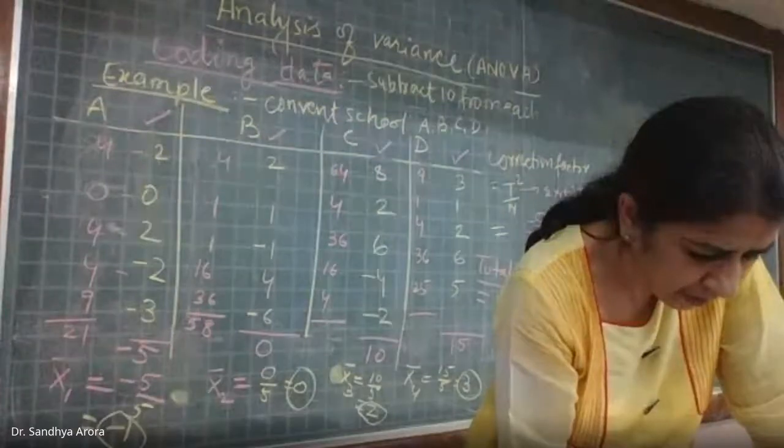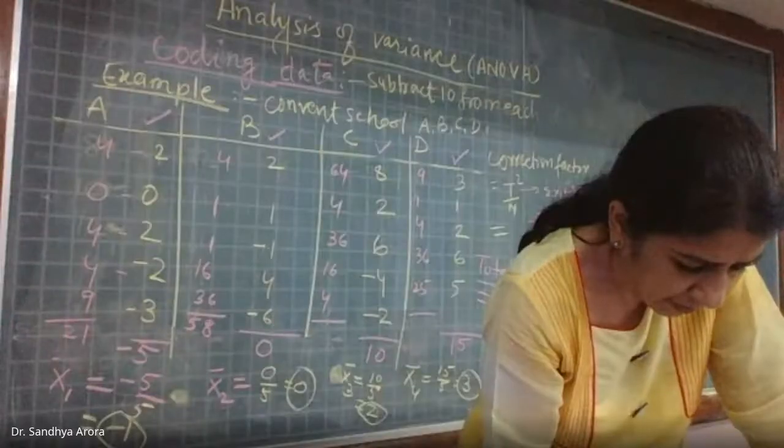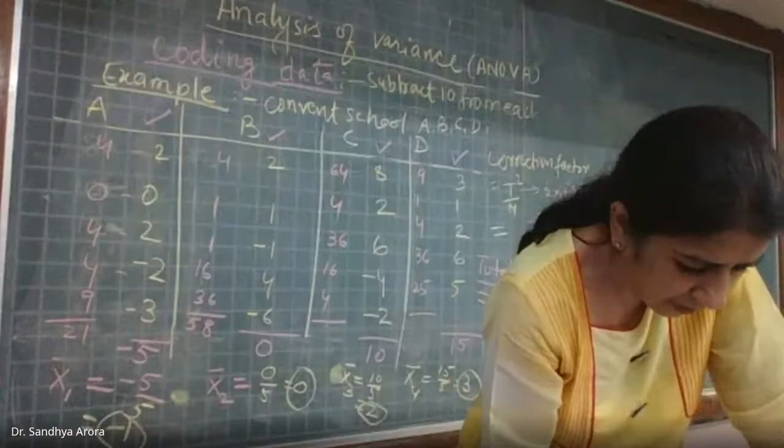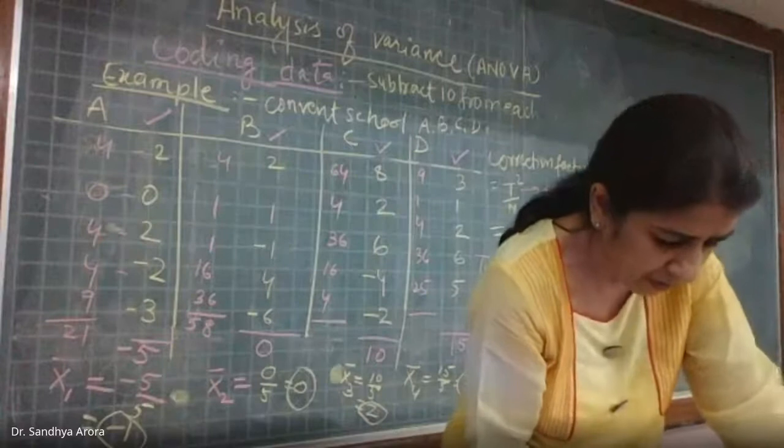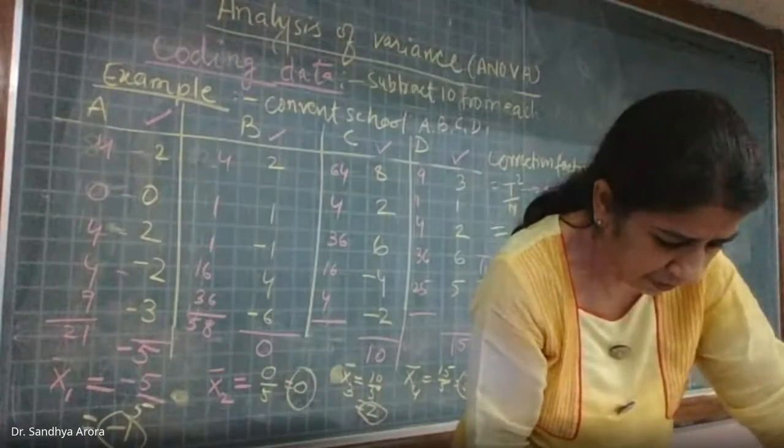Division B, roll number 1, present, ma'am. 2, 4, 12, 15, 21, 23, 26, 27, 28, 31, 33, 34, present, ma'am.